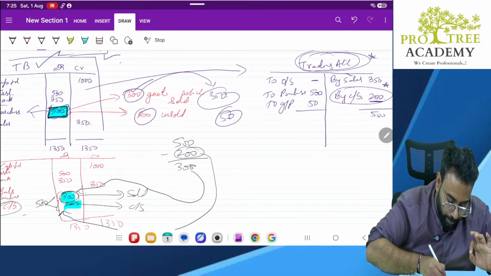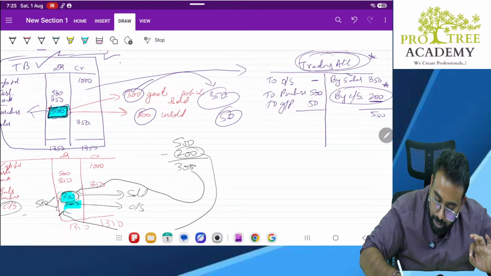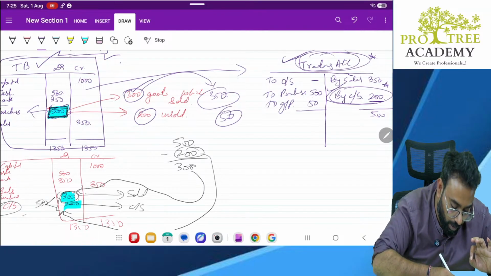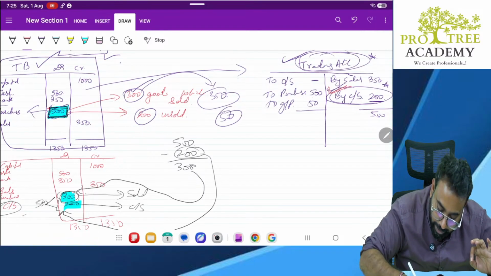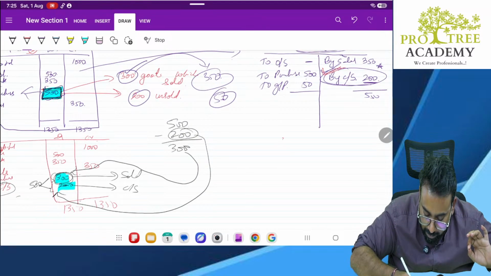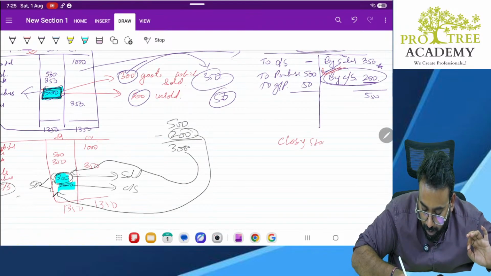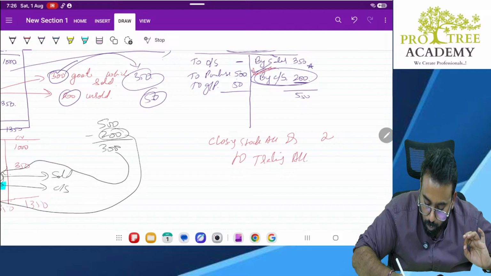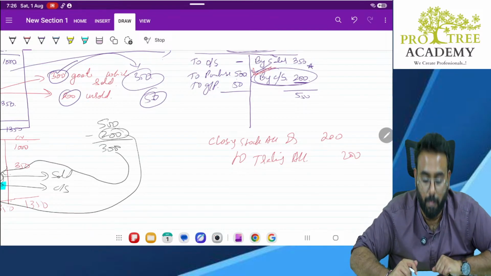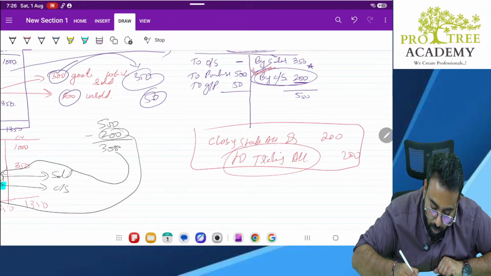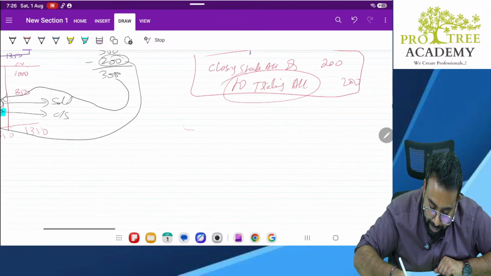If this is how you prepare the trial balance, then to record this closing stock in the trading account, the journal entry you will pass is closing stock account debit to trading account, to trading account 200. Now by this entry in the trading account, you are showing the closing stock and your closing stock account.